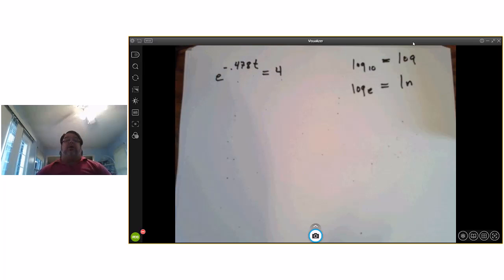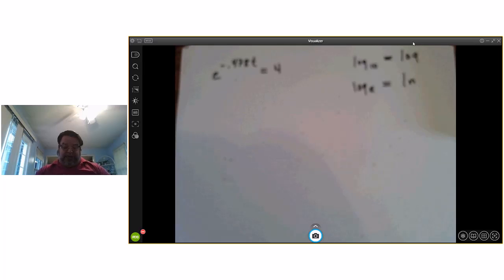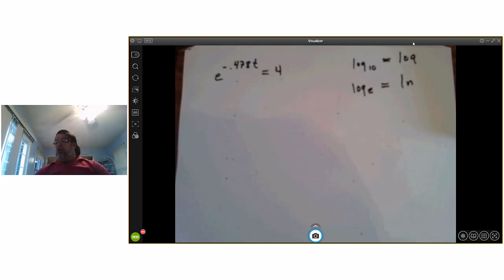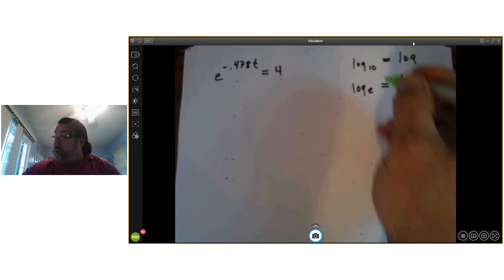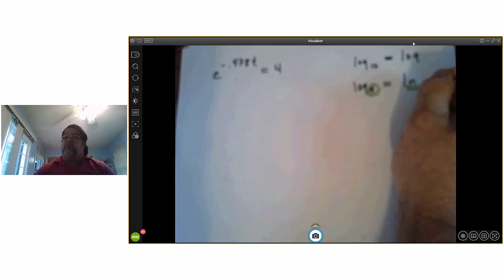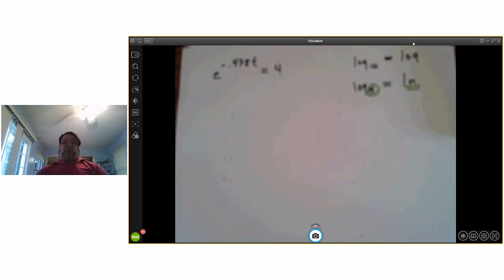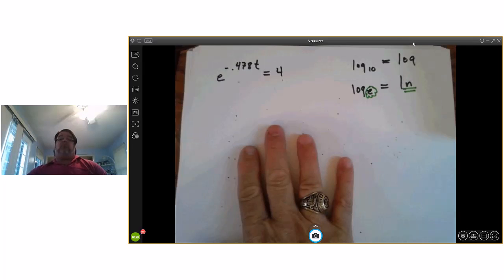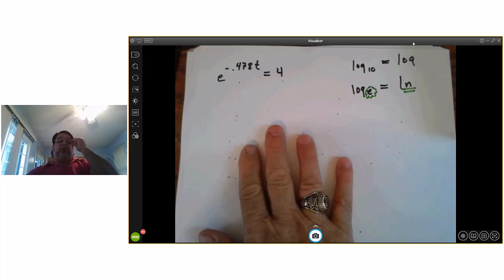The natural log. So anytime you're dealing with E, what do you want to lean on? Do you want to lean on the LOG or the natural log when you're dealing with E?